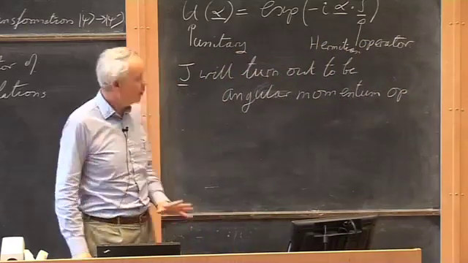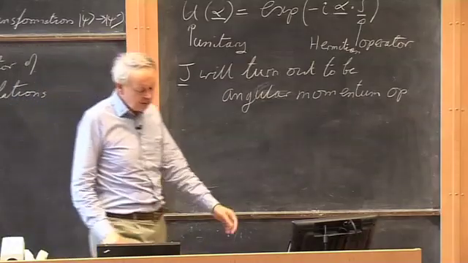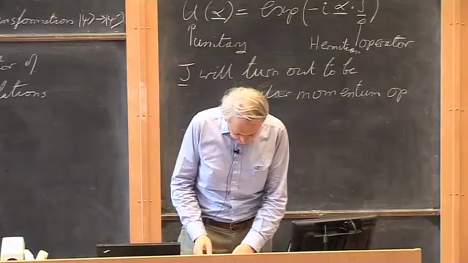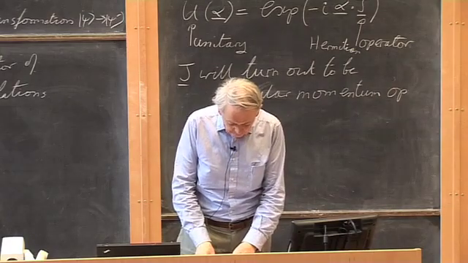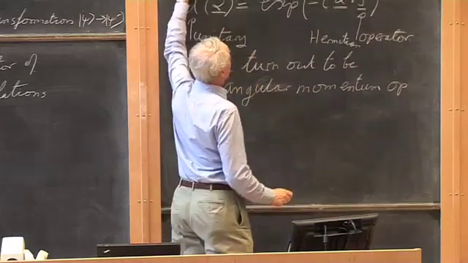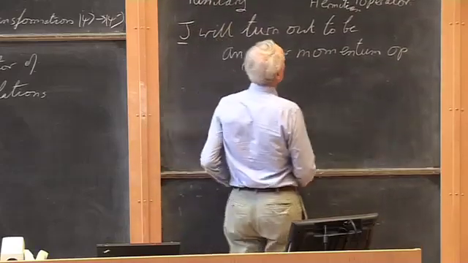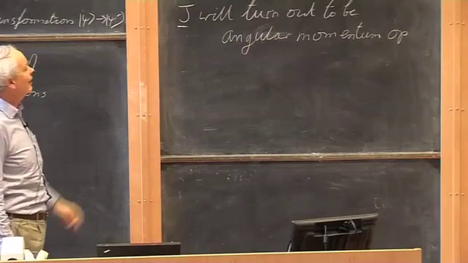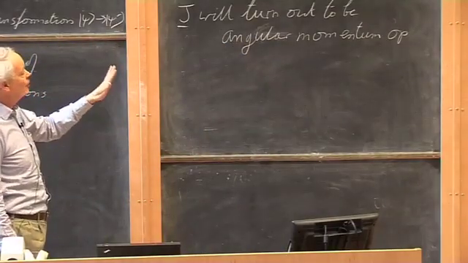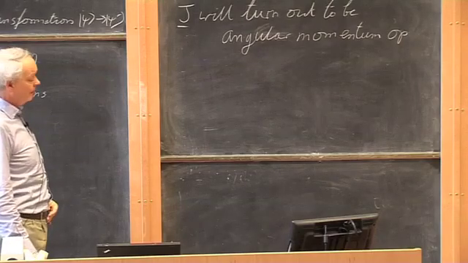So the angular momentum operators are the generators of rotations in the same way that the momentum operators are the generators of translations, but we will have to build confidence that that's the case as we go along. I'm saying that this will turn out to be the case. At the moment, I just hope that it's a plausible conjecture that we're talking here about the angular momentum operators.